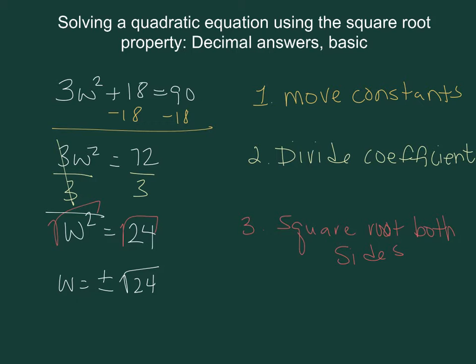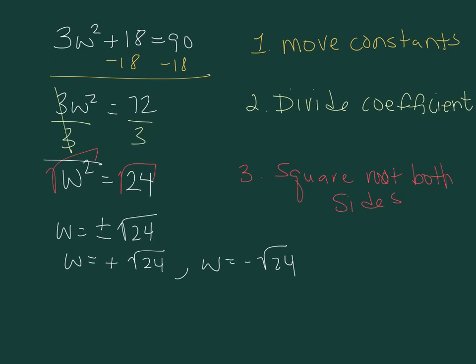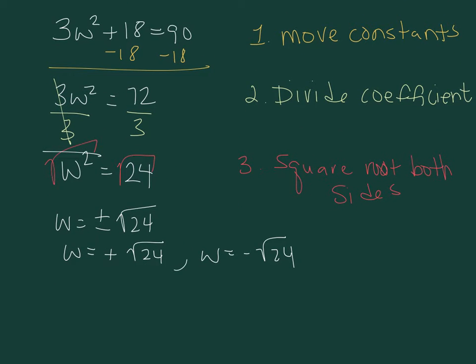So this means w equals plus square root of 24 and w equals minus square root of 24. I have to solve these so that they look like a decimal. So I just plug square root of 24 into the calculator, and I see w equals plus 4.898 and w equals negative 4.898.